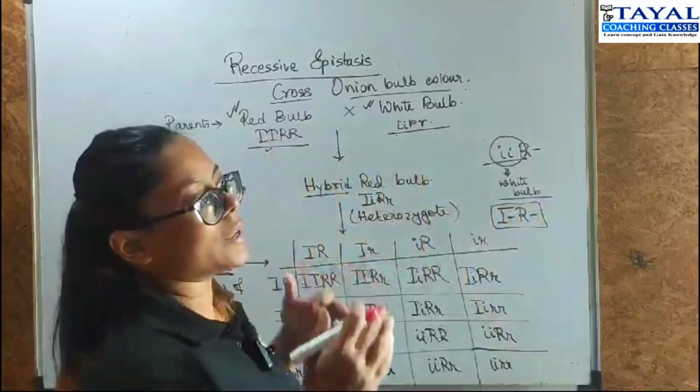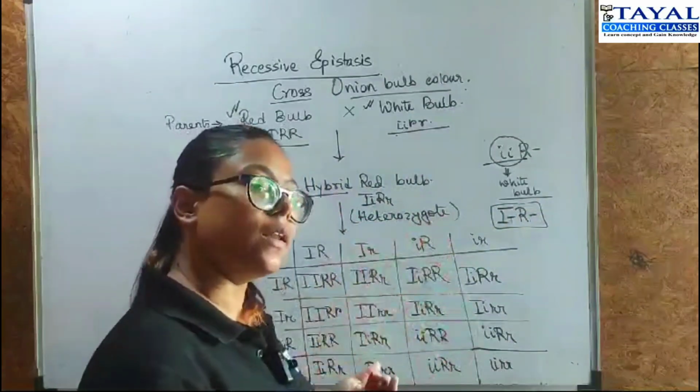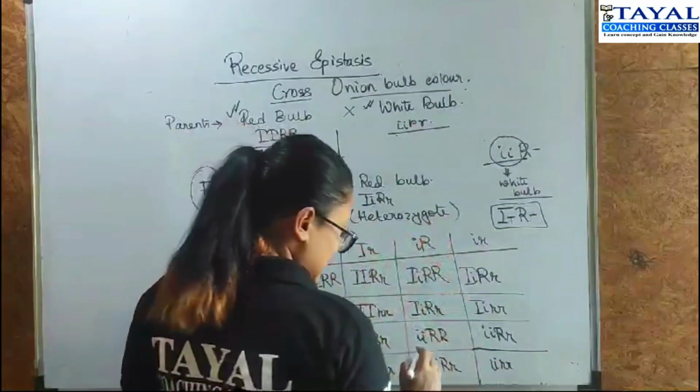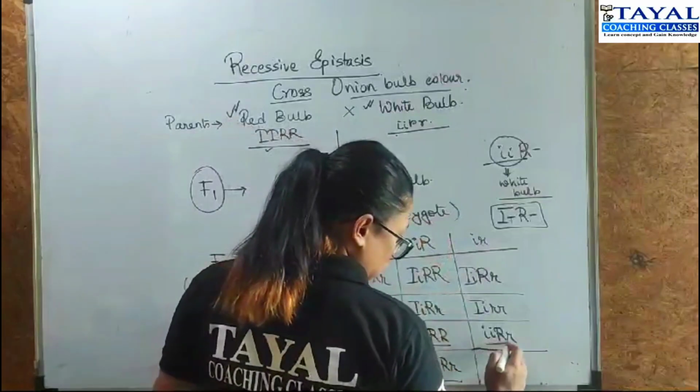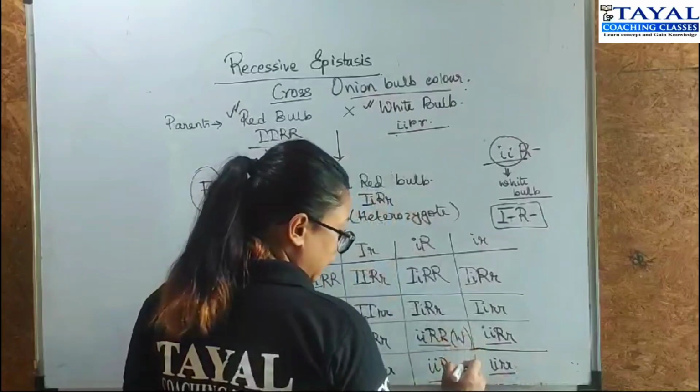So if it is capital R, capital R or capital R, small r, then red; small r, small r, then yellow, correct?